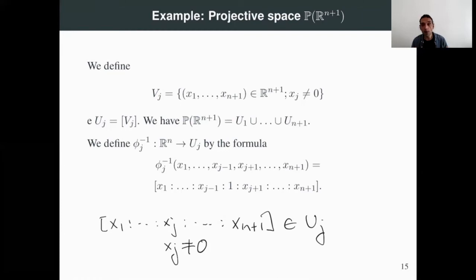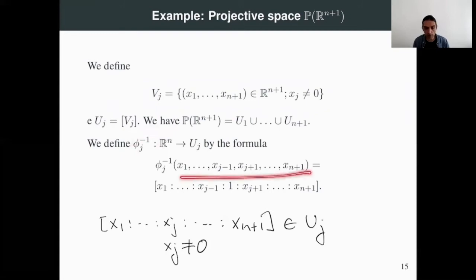So we are going to exploit the fact that in every class in U_j, there is a unique representative whose j coordinate is equal to 1, right? And in that way, we can give this parameterization of U_j.